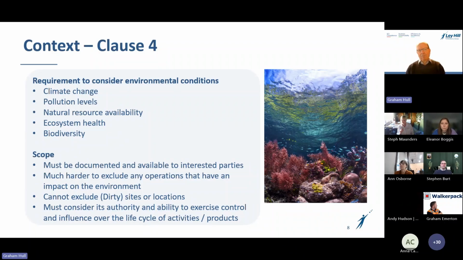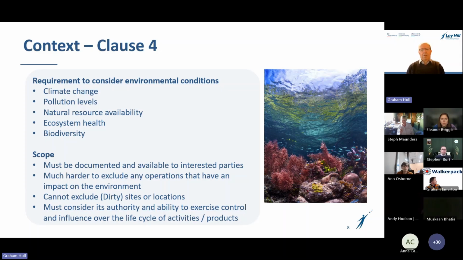Climate change has been around for a little while within all of these standards, and it was brought in a few years ago to make it specific to all of the management system standards. But for this particular 14001 version, they've now added very specifically, you've got to consider pollution levels. Do you create pollution? And that may be something that you're not even really aware of.